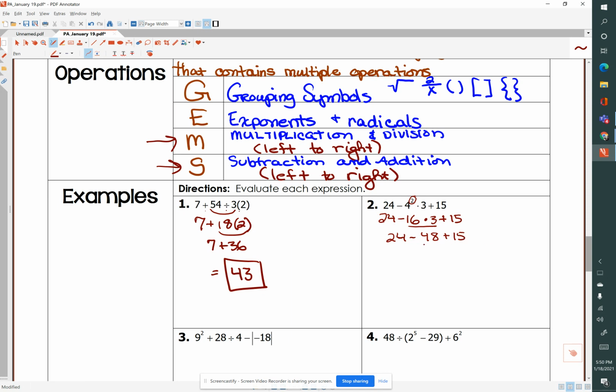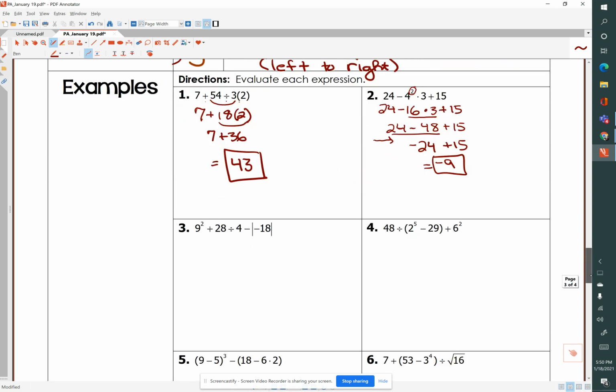Now I'm simply going to work from left to right. So 24 minus 48 is negative 24. I have my plus 15, and negative 24 plus 15 equals negative 9. Let's look at number 3.